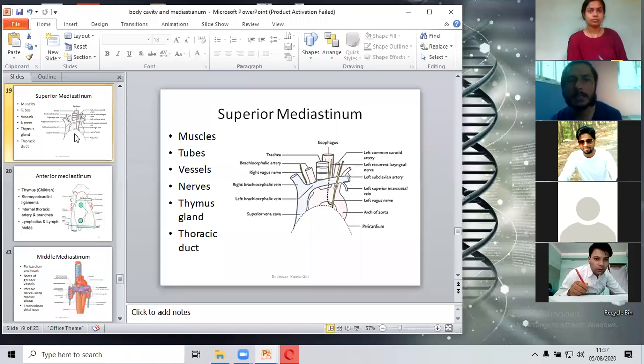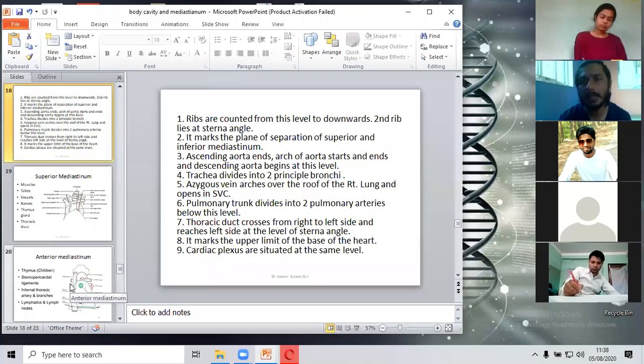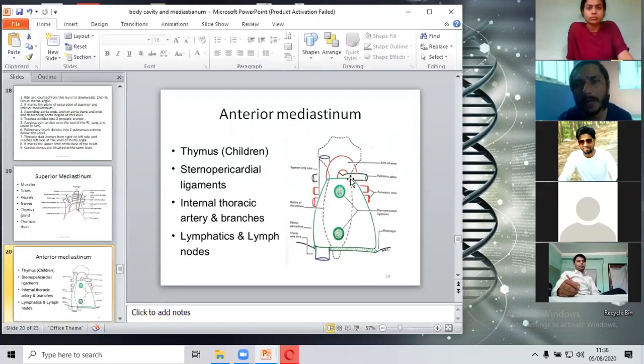Now next, it forms the base of the heart, or the upper limit of the base of the heart. That means it is the base of the pericardium actually. See this, this is the limit of the base. Can you see this picture here? This green color is the outline of the parietal pericardium.